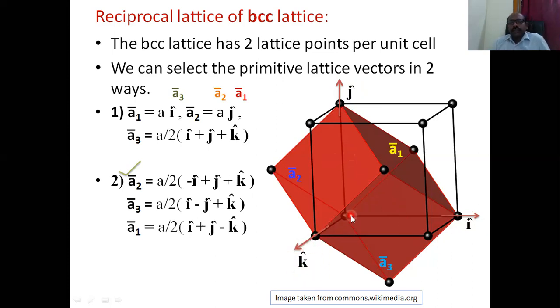So in this case, this is a body center point of this unit cell, this BCC cubic lattice.